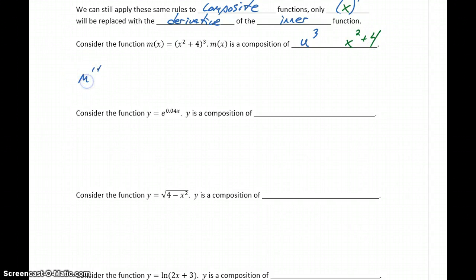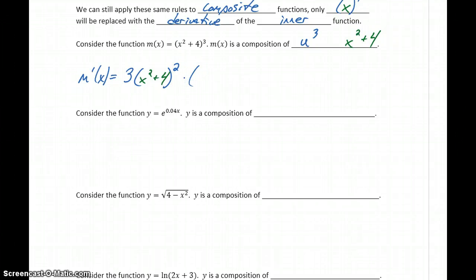So if we want to evaluate the derivative of m, we would start off by taking the derivative of something raised to the 3rd power. So we have something in here being raised to the 3rd power. So that would be 3 times that inner function, x squared plus 4, squared. So that's just applying the power rule to this function.